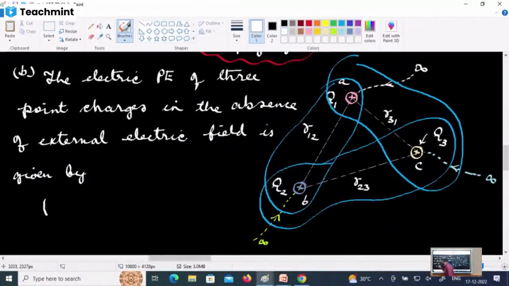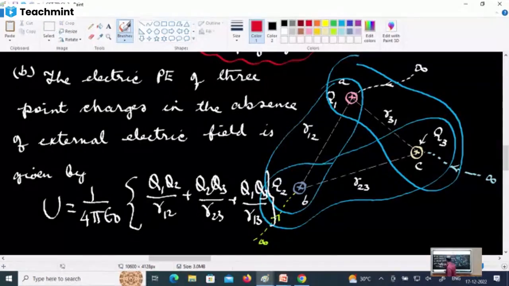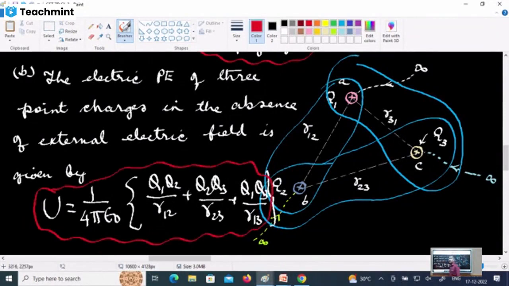And after a long derivation which you did, the expression comes out to be 1 by 4 pi epsilon naught into Q1 Q2 divided by R12 plus Q2 Q3 divided by R23 plus Q1 Q3 divided by R13. So this expression gives you the electric potential energy of 3 point charge systems in the absence of the external electric field.